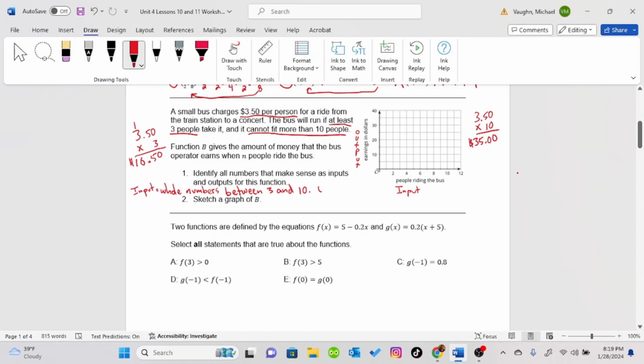So my output is multiples of $3.50 between $10.50 and $35.